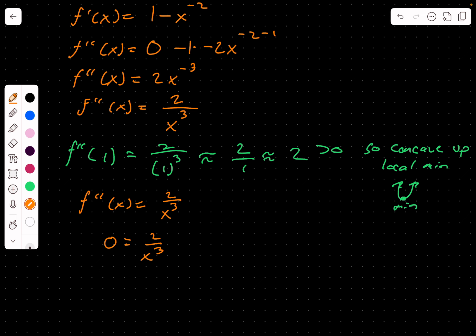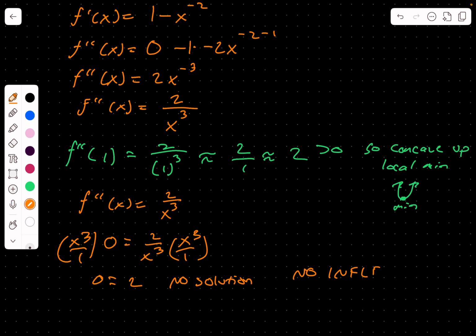Well, we get no solution, because no matter how you try to solve this, right, you're always going to get a whole number equaling another whole number in this particular case. Because let's say we tried to cross multiply, or we try to use the reciprocal. Like, we just can't. If we use the reciprocal here, what happens to our x value? It's gone, and we're just left with 0 equals 2. Therefore, no solution. Meaning we have no inflection points.